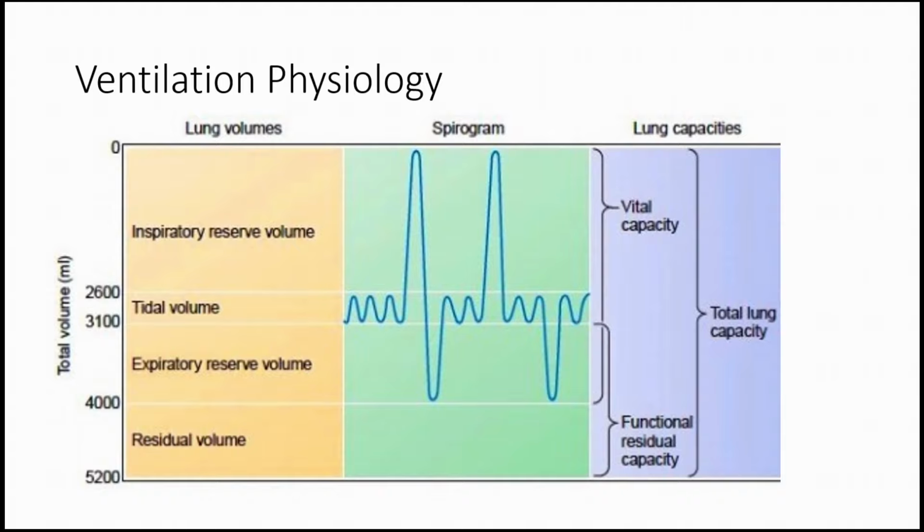So think about things like our OSI protocol, right? We put you on maximum flow, non-rebreather mask in an effort to replace nitrogen in your lungs with oxygen. So we're denitrogenating your lungs.